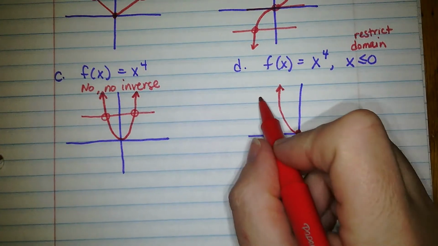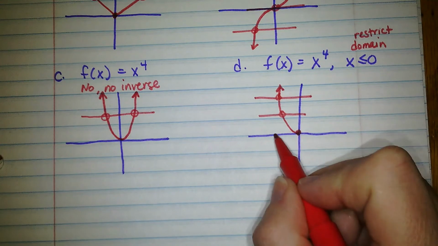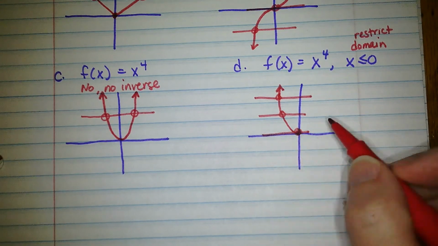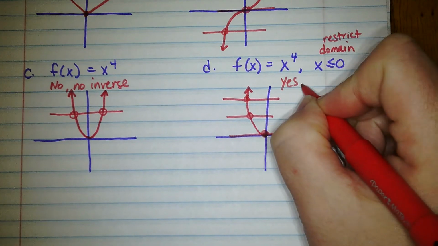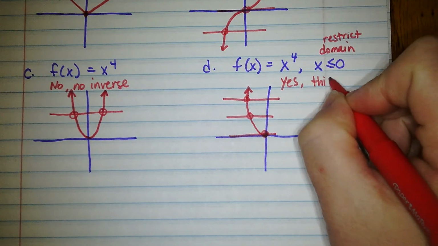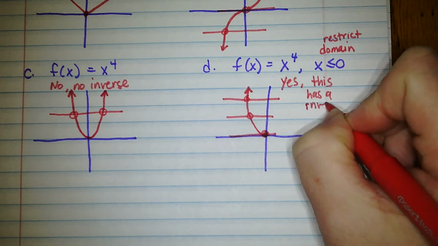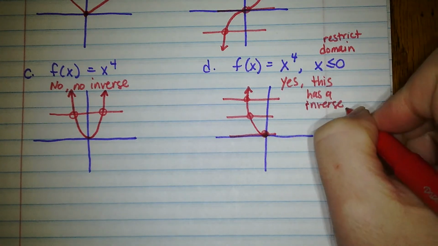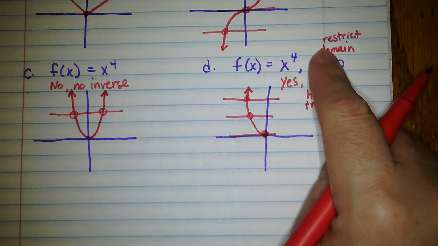Now does it pass the horizontal line test? It sure does. So when we restrict the domain, that really does make a difference. So yes, this will have an inverse, but it will also have a restricted domain and range to match this.